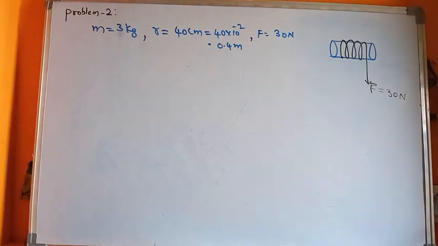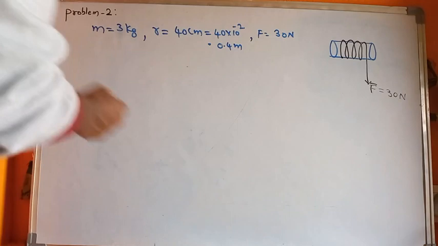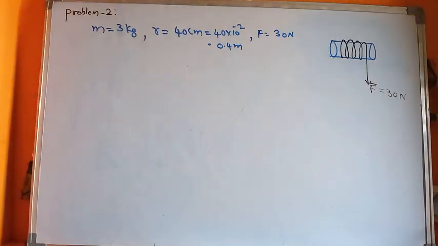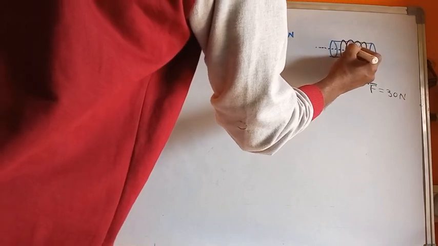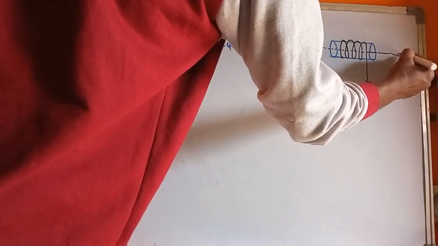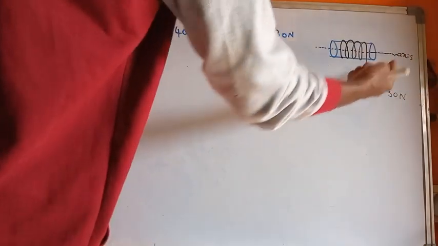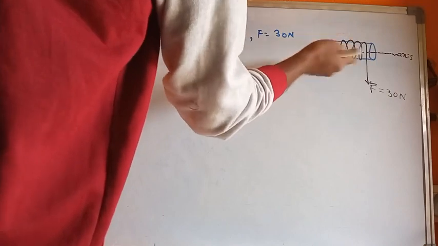After applying this 30 newtons of force like this, the axis passes through the cylinder like this. So this is our axis, hollow cylinder. About this axis, when we apply this force, it rotates like this.